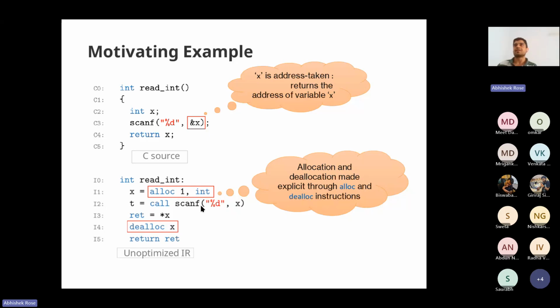Then in the second instruction, we pass the obtained value to the call of scanf. Then finally we calculate the return value by dereferencing the pointer of x, and at the end, just before returning, we deallocate x and then return. So the allocation and deallocation, which was implicit in the C program, is made explicit in our unoptimized IR.